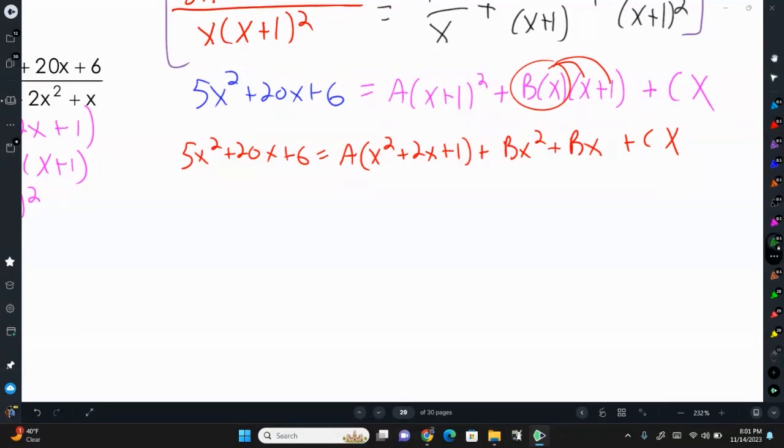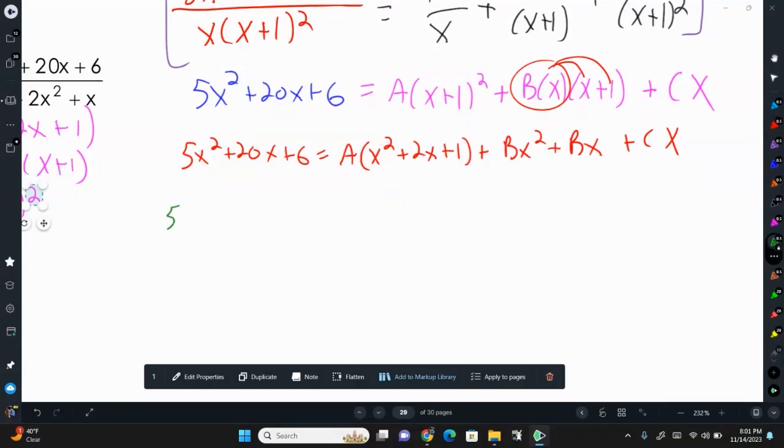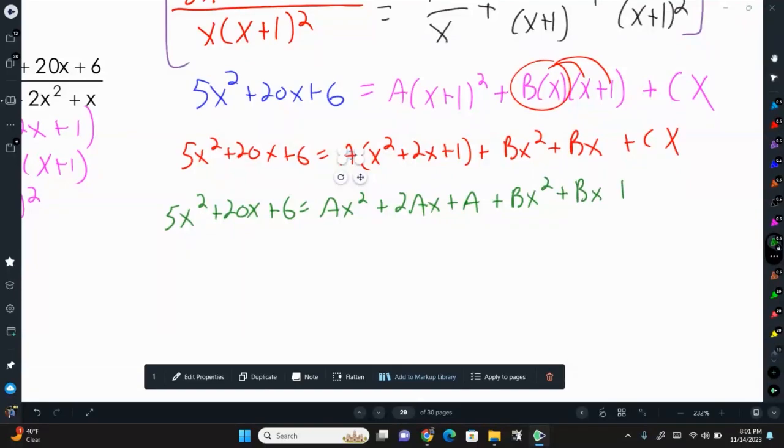Now I'm going to distribute that a. So 5x squared plus 20x plus 6 equals ax squared plus 2ax plus 1a plus bx squared plus bx plus cx.